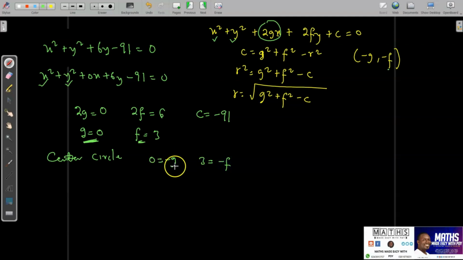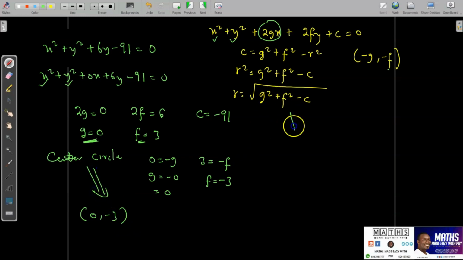Solving for g here, g will give you negative 0, which is the same as 0. Solving for f here, f will be equal to negative 3. So it means the center is (0, negative 3). Then you close your parenthesis. That's the center.